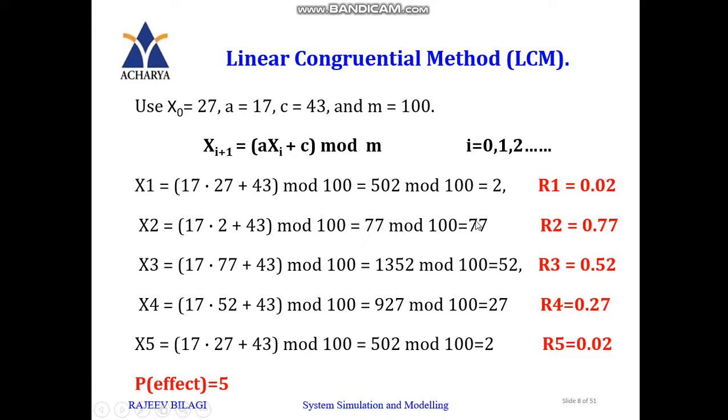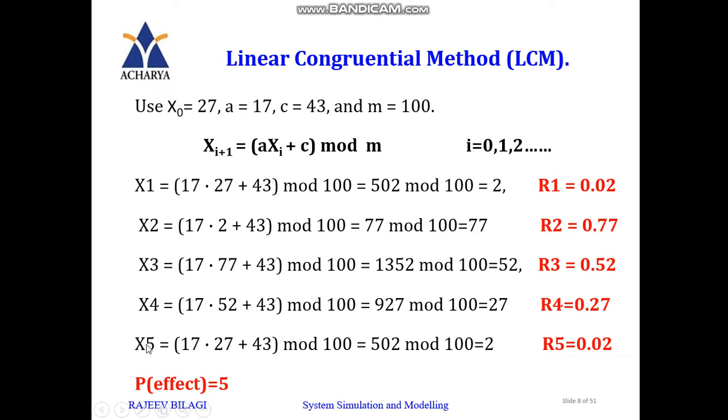You will get 77, and 77 by 100 equals 0.77, which is your second random number. Similarly, x3 equals 17 into 77 plus 43 mod 100, that is 1352 mod 100 equals 52. X4 you are going to get as 27.